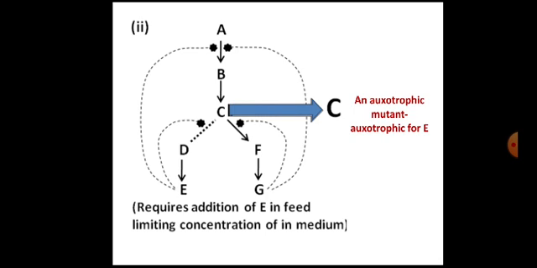In this case, this mutant will be auxotrophic for E because this mutant is no more synthesizing E. So when we grow this organism in the medium, it requires the addition of E in feed limiting concentration in the medium. We can see its graphic like this.